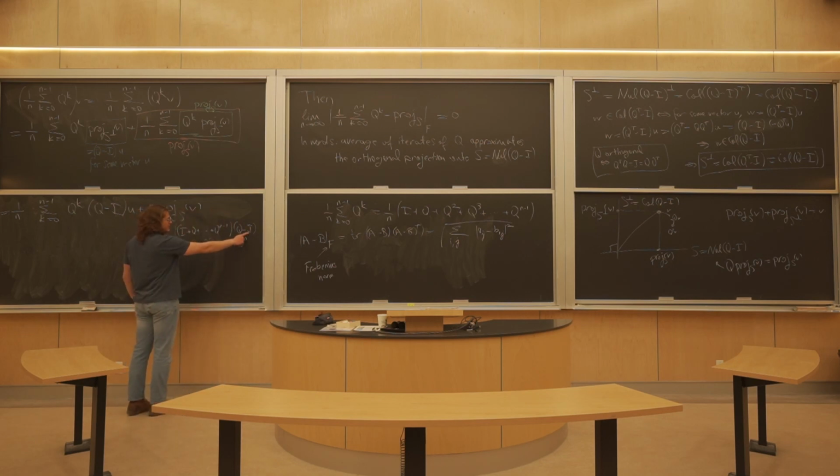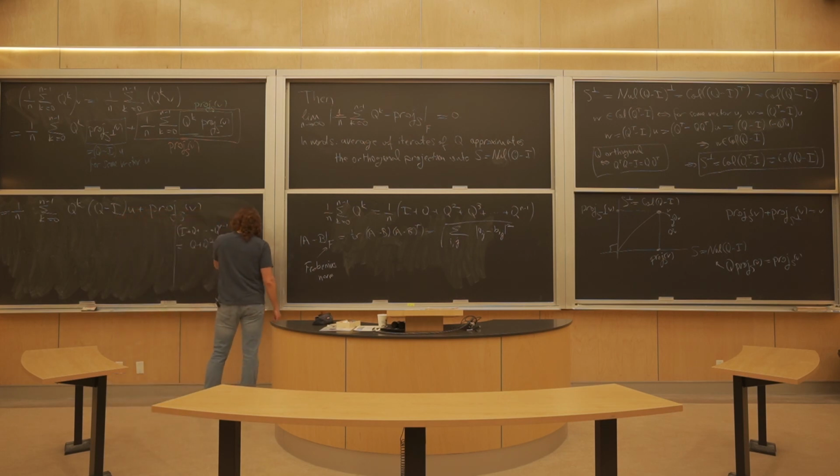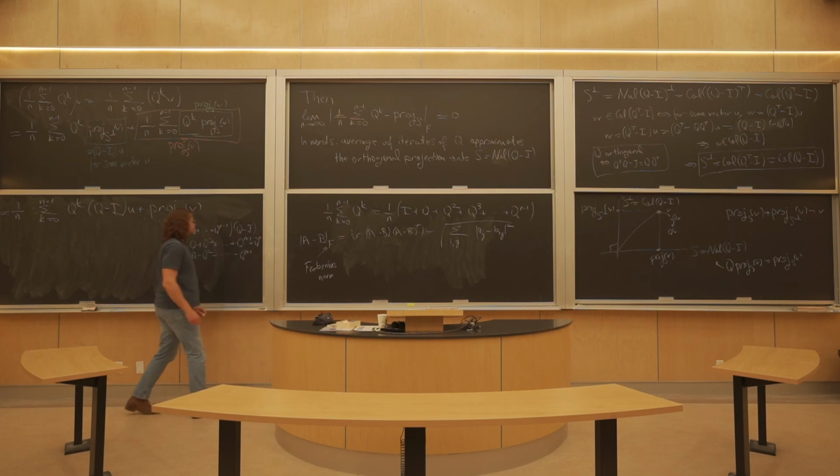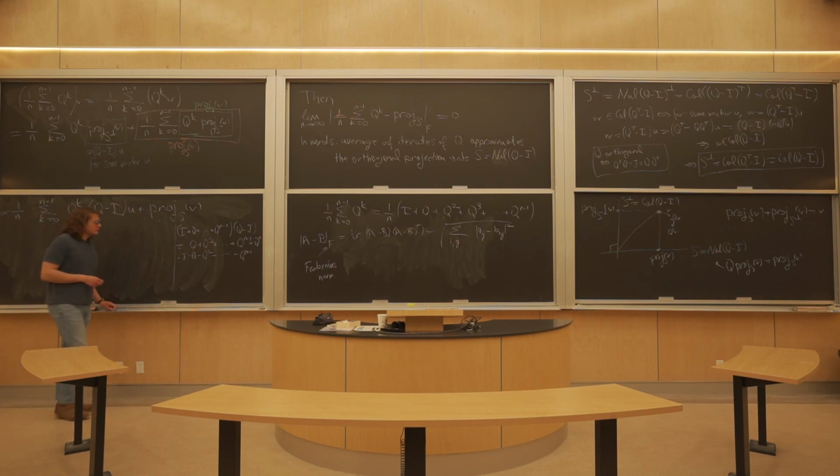And then from this, I get minus I minus q all the way up to minus q to the n minus 1. Minus I minus q squared minus dot dot dot minus q to the n minus 1. But you see there are certain things that are canceling out.